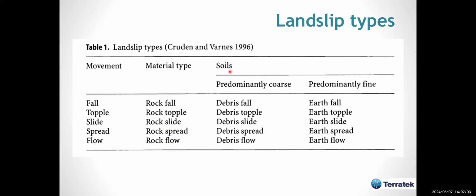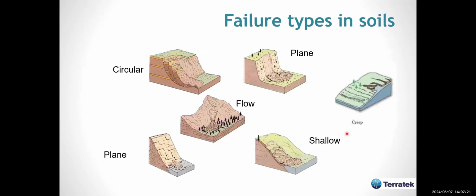If they are soils, if they are predominantly coarse, it's debris fall, debris topple, debris slide, debris spread, debris flow. If it's fine materials, we're going to have earth fall, topple, slide, spread, and flow. So these are failure types in soils.